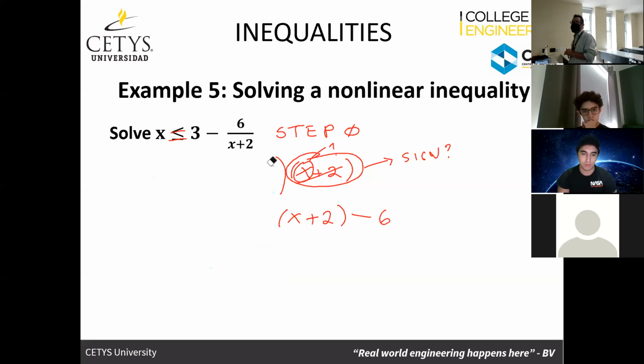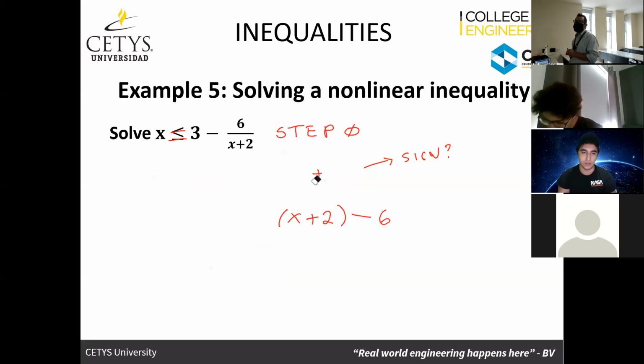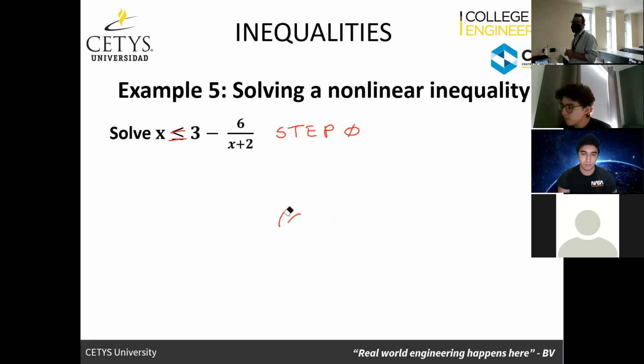So for example, if you were to multiply by, I don't know, -2, that's fine because I know -2 is negative. If it doesn't have an X in it, if it doesn't have a variable, we can multiply or divide. We just have to be mindful of the sign, because the inequality is going to flip depending on if it's positive or negative.